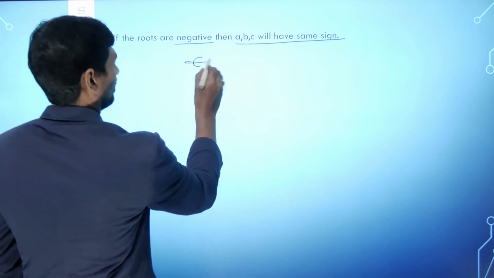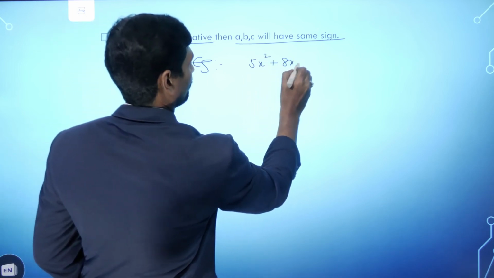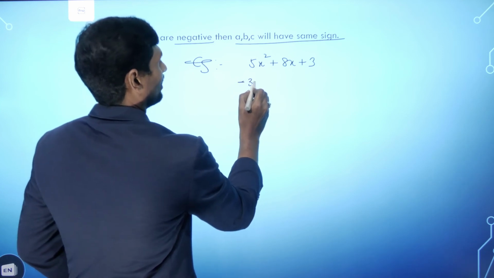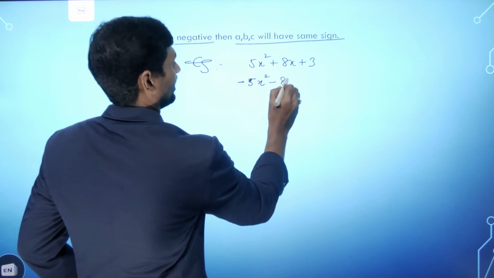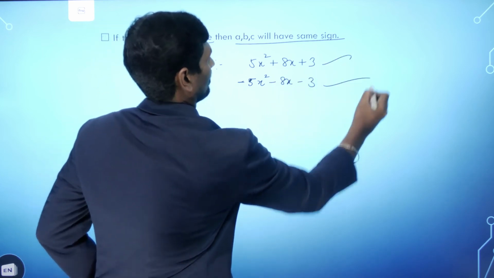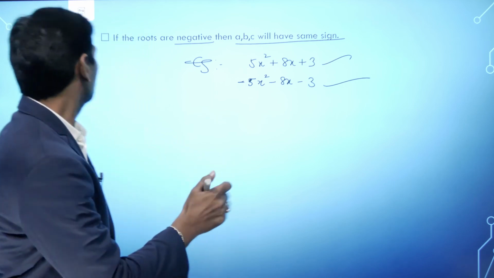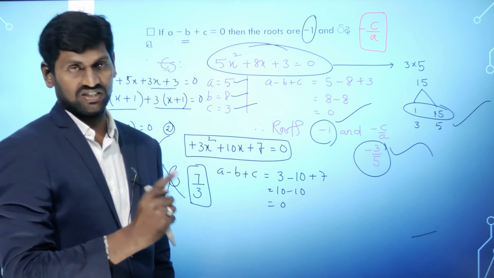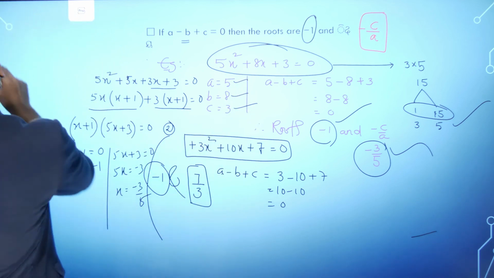Same. 5x square plus 8x plus 3, or minus 5x square minus 8x minus 3. I am just taking an example from the previous condition. Same I am taking, I am not changing anything.